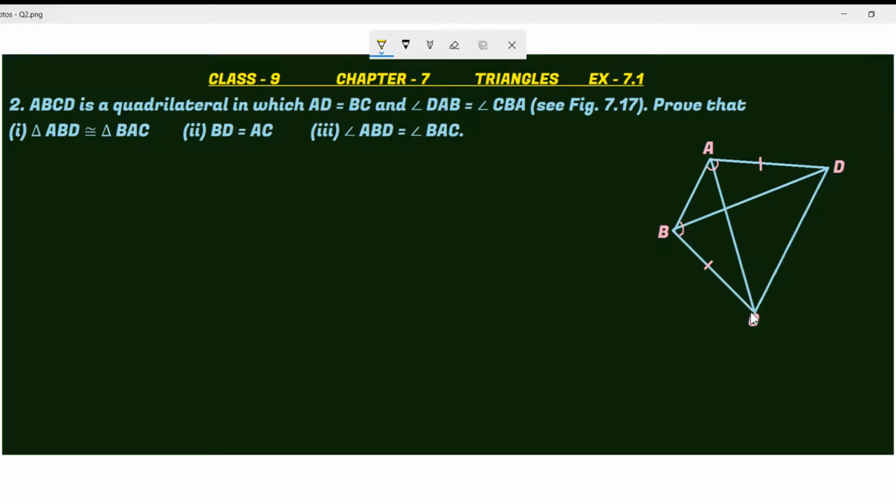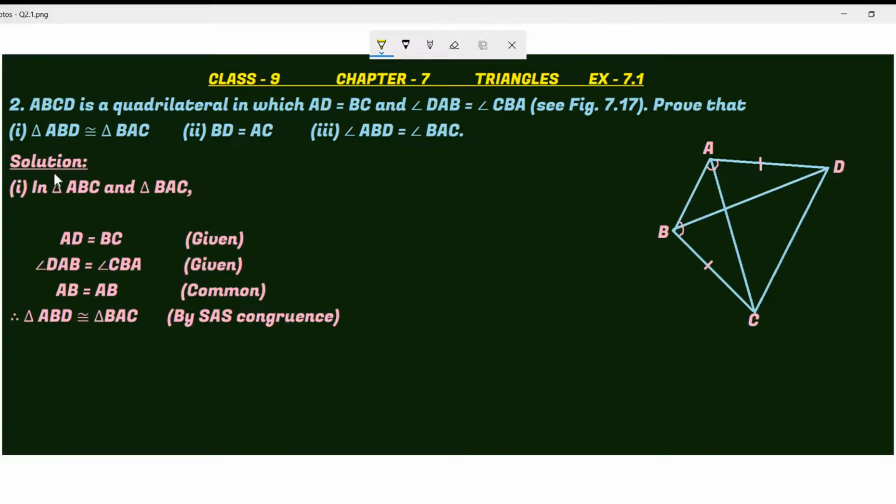Let's prove. Here also we are going to use one of the congruence rules. Let's check which congruence rule we are going to use. Solution. We have to prove triangle ABD is congruent to BAC.